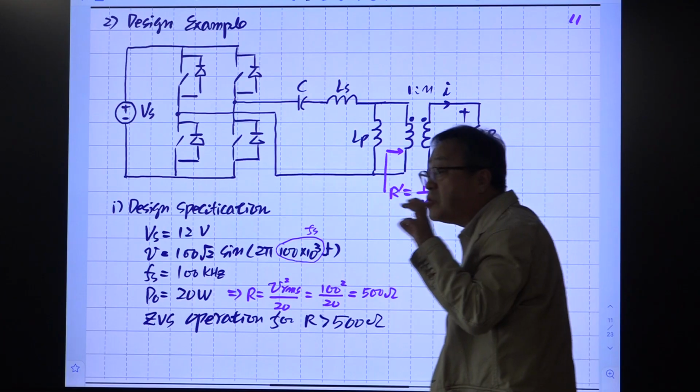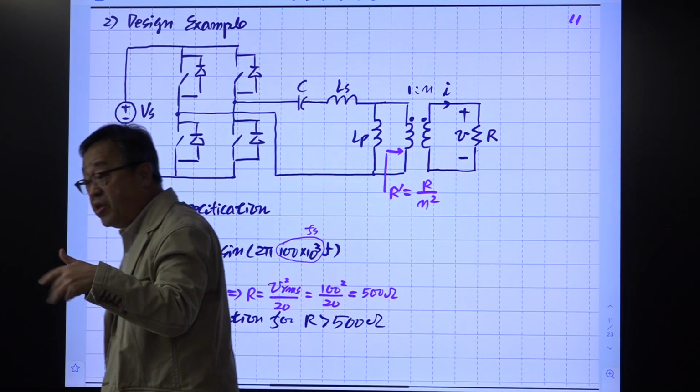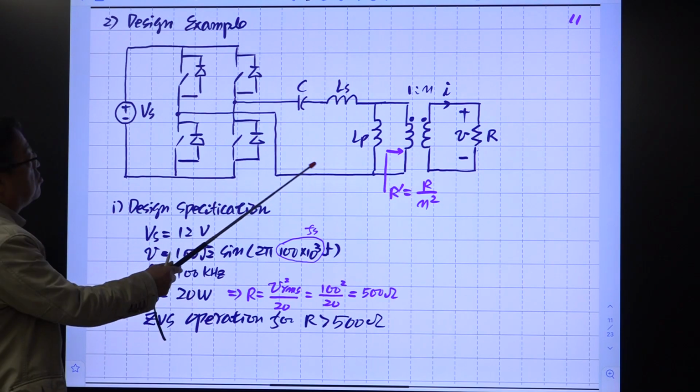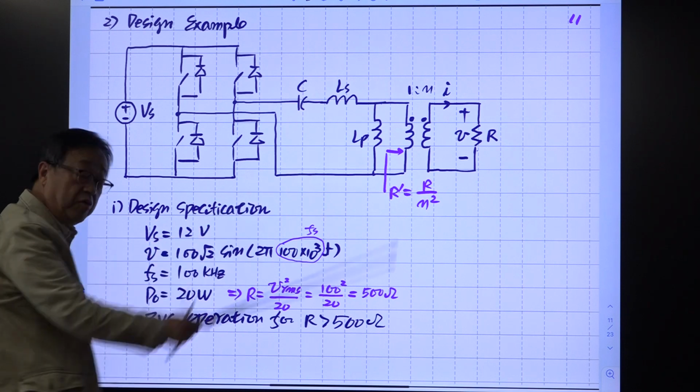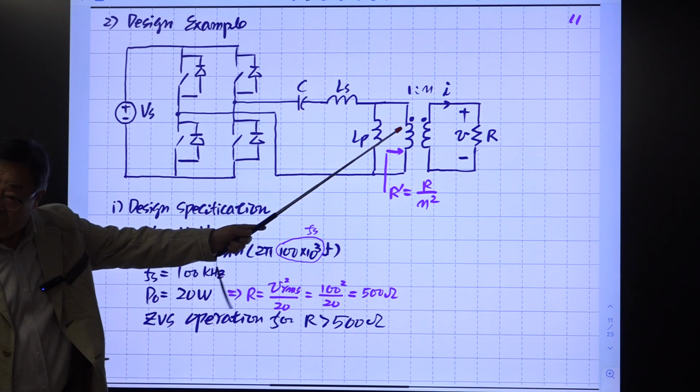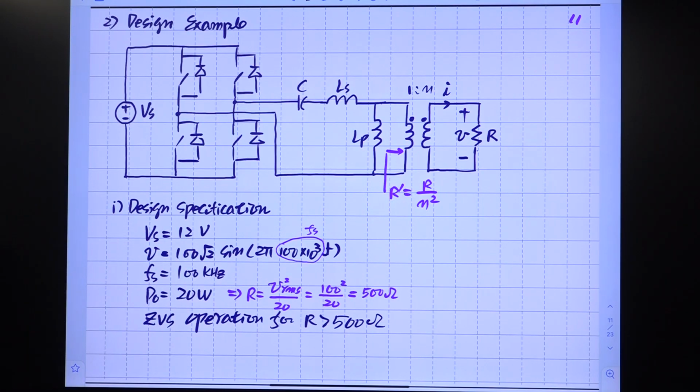We have other specifications to determine the circuit components. Here you have a transformer, so we need to determine 4 circuit components. You should determine this and this all together, so we need more information. There is no information given, so you set up your own requirement.